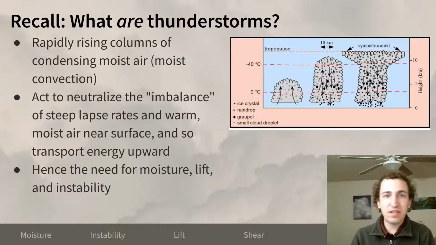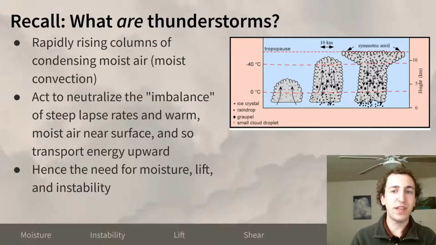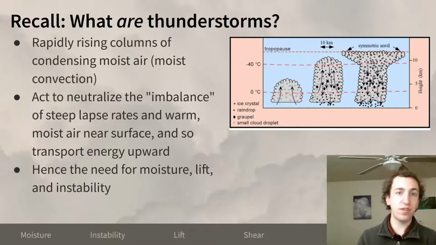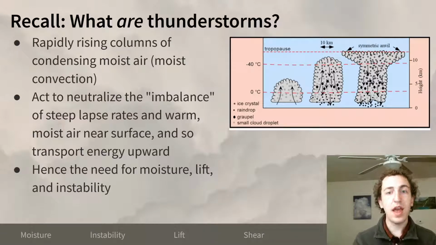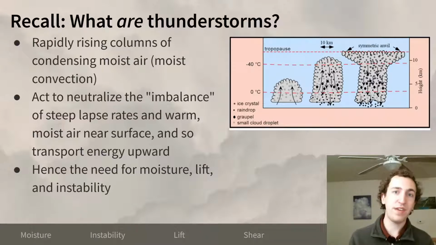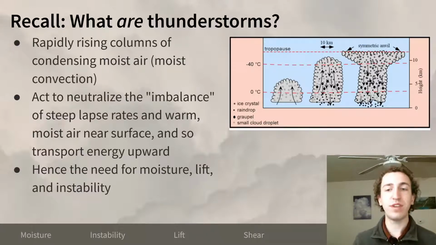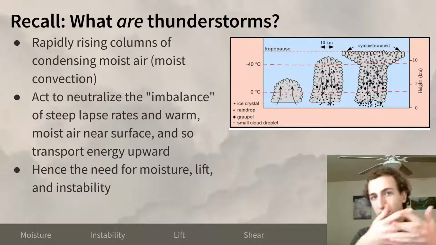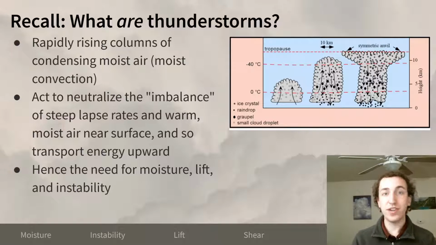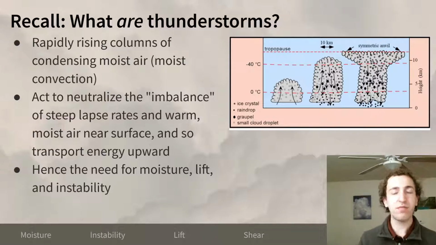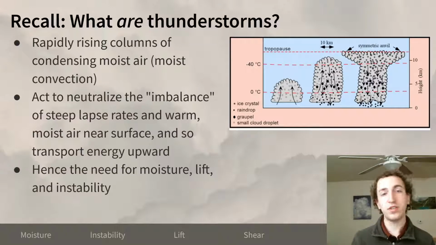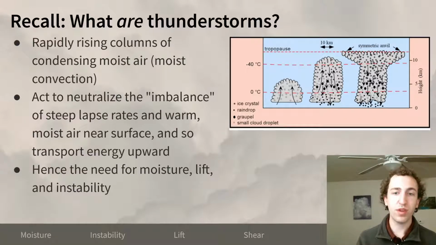And what they're doing from an energy point of view is neutralizing the imbalance of steep lapse rates, of large temperature contrasts in the vertical, as well as when you have warm, moist air near the surface, that's a large surplus of energy relative to the rest of the atmosphere. And so it transports that heat energy and that latent heat energy from the moisture upward, trying to restore a bit or act towards equilibrium.